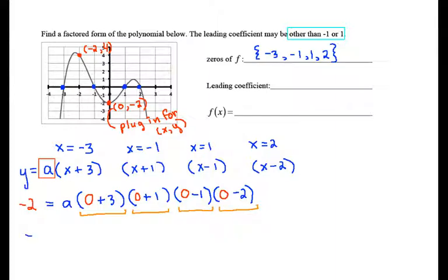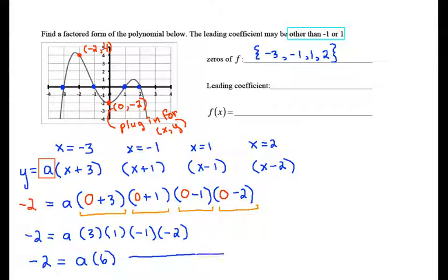So that looks like negative 2 equals a times 3 times 1 times negative 1 times negative 2. And multiplying all of these together gets us positive 6. We have two negatives in the product, so it comes out to be positive. So negative 2 equals a times 6. Dividing both sides of that equation by 6, we get negative 2 divided by 6 equals a.